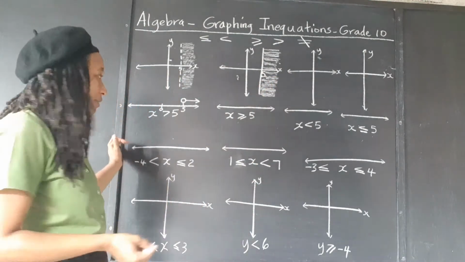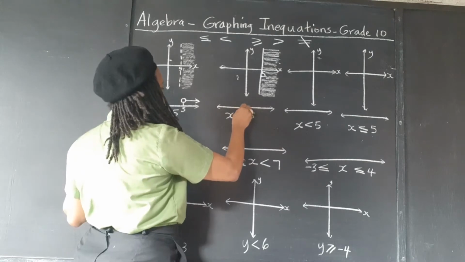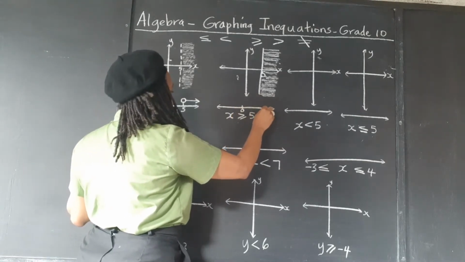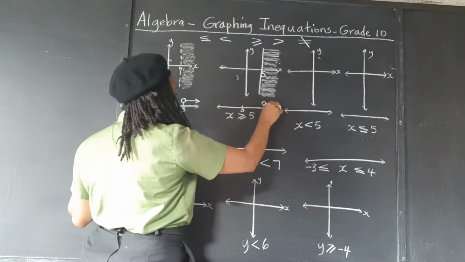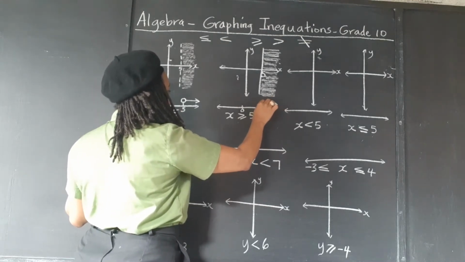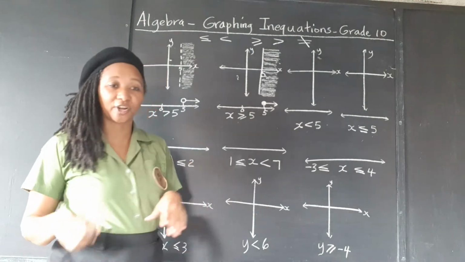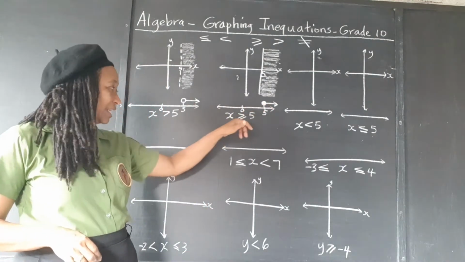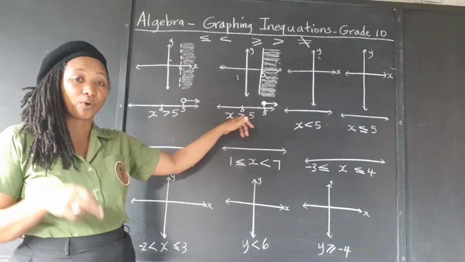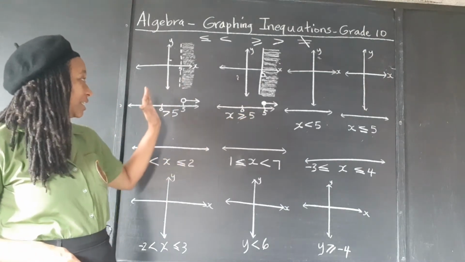On the number line, so this is 0, still put a mark where 5 is. Put your circle and your arrow to the right because it's greater than, and we shade inside the circle to indicate that it's greater than or equal to. So you see the difference.